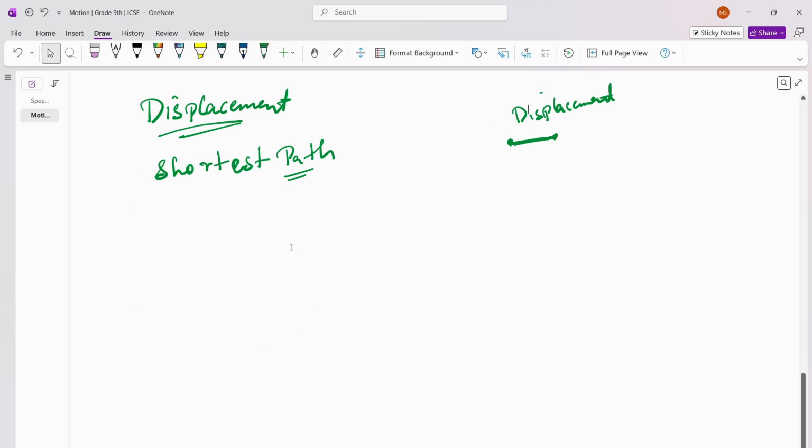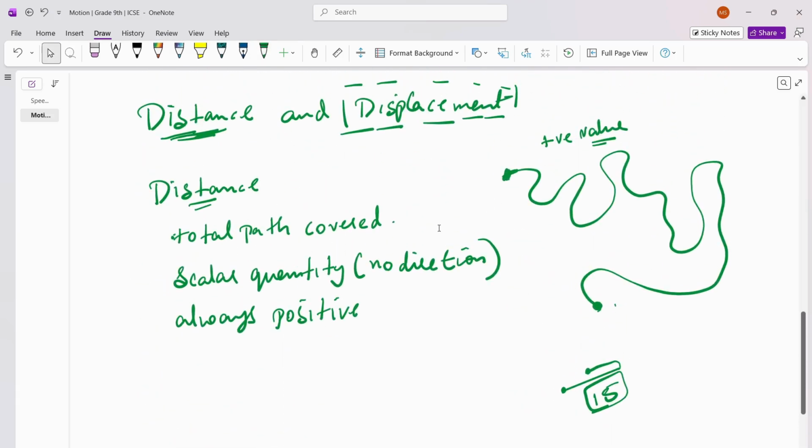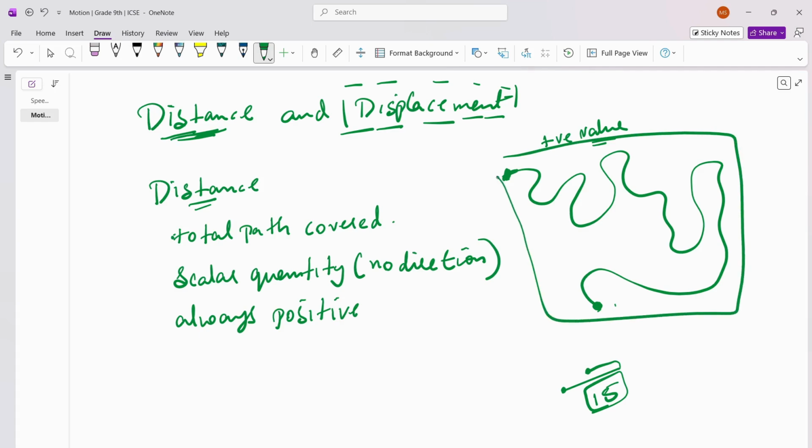Okay, let's go up and let's see. In this path that I have drawn, we know what the distance is. It is the total path covered. The displacement will be this. I hope you guys understand now. So the displacement is the shortest path, not the entire path or the total path.